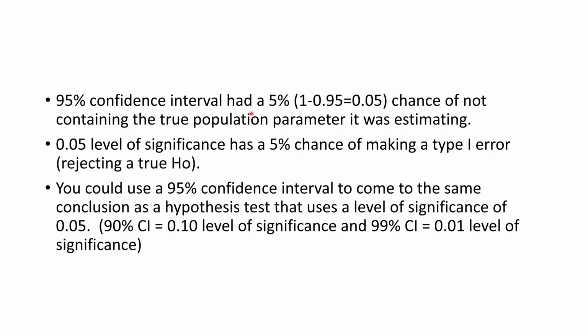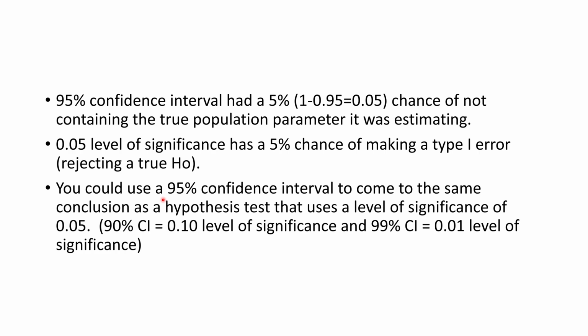A 95% confidence interval has a 5% chance of not containing the true population parameter it was estimating. A 0.05 level of significance has a 5% chance of making a type 1 error. Recall that a type 1 error is rejecting a true null hypothesis.